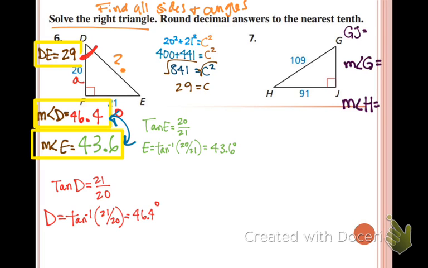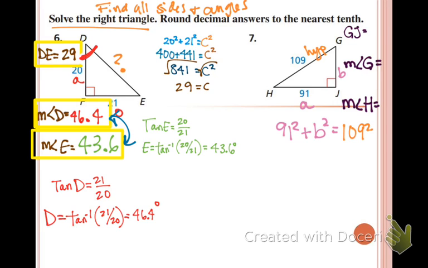How do I find a missing side when I'm given two other sides? The Pythagorean theorem. This time, am I missing a hypotenuse or a leg? A leg. So I'm going to call these A and B. My hypotenuse is always C. So I'm going to do 91 squared plus, I'm going to call it B squared, equals 109 squared, because this is the hypotenuse.